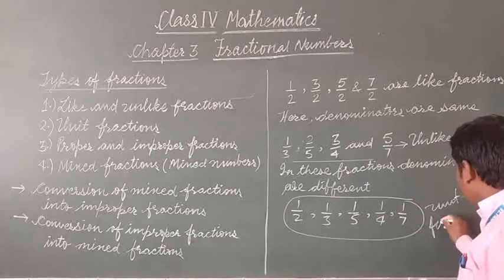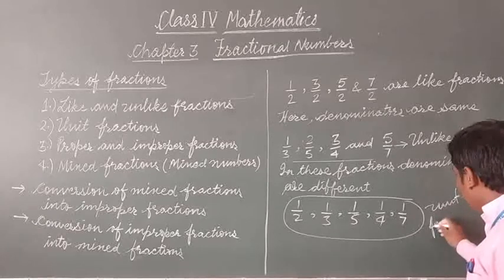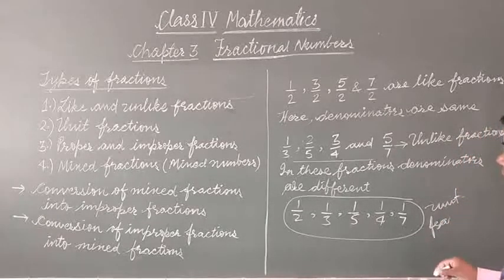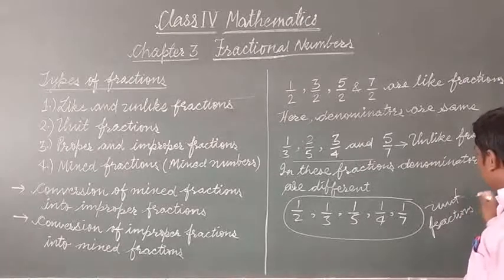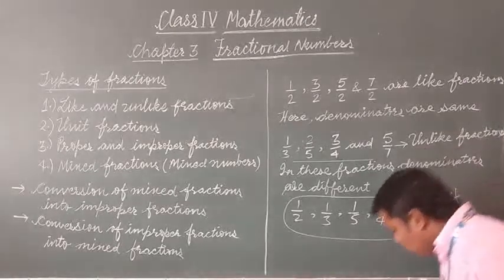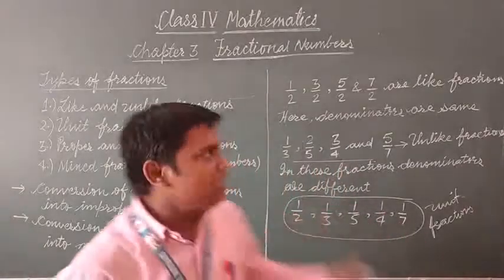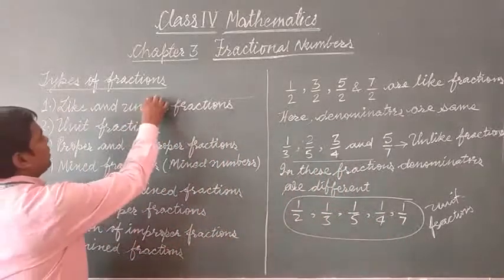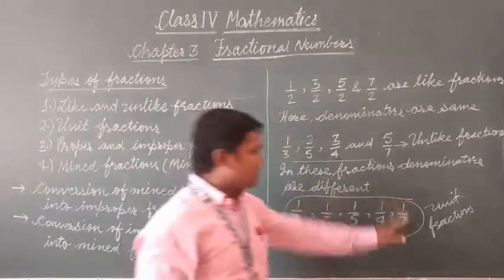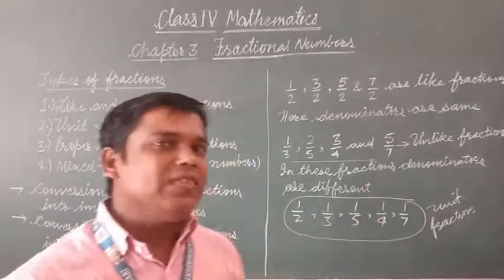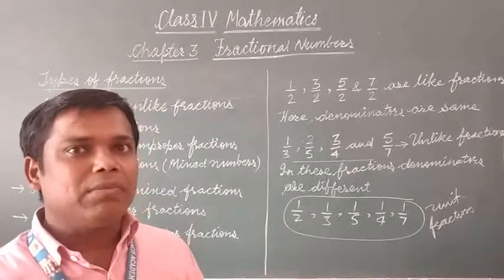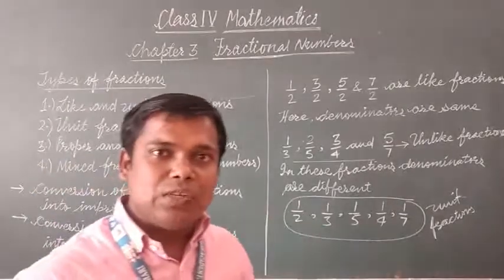Unit fractions, because the numerators of the given fractions are 1. So if many fractions are given to you, you have to check whether the given fractions are unit fractions or not.